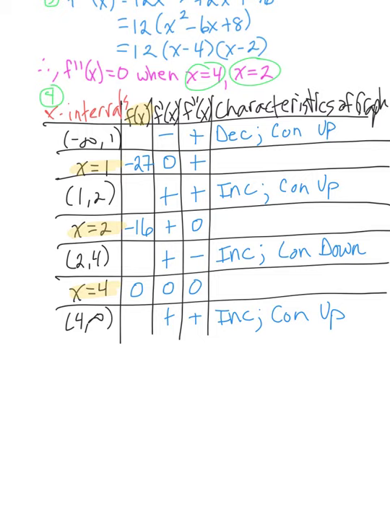So remember what I said about these two. If these two are the same, you're going to have a relative max or min. So think about what these two are doing. We're going decreasing, and then into an increase. So it's a dip, it's a valley, so we must have a minimum because it's at the bottom. So this right here is a relative minimum at 1, negative 27.